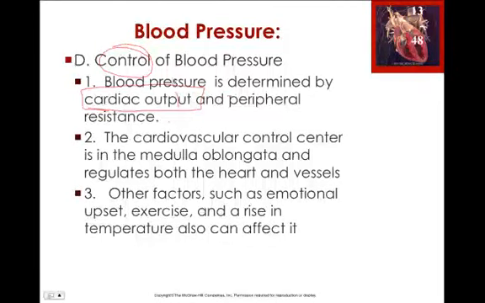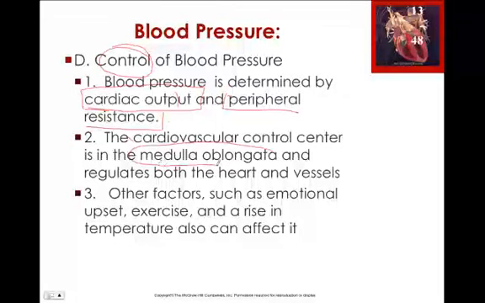And then your peripheral resistance is going to be resistance in the blood vessels. So, for example, that peripheral resistance would be greater in your blood vessels if you had plaques built up in your arteries.